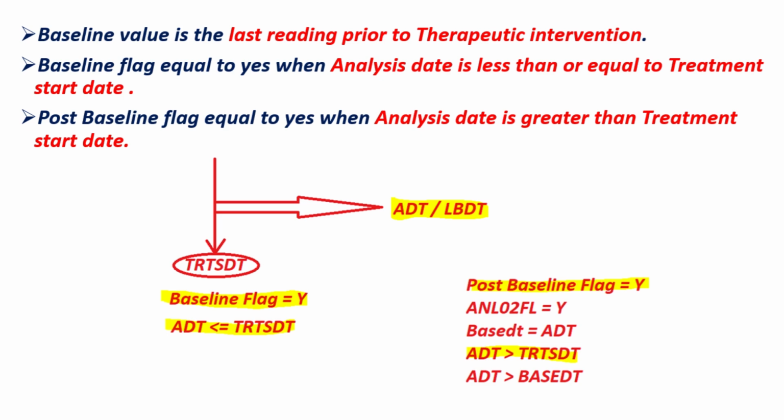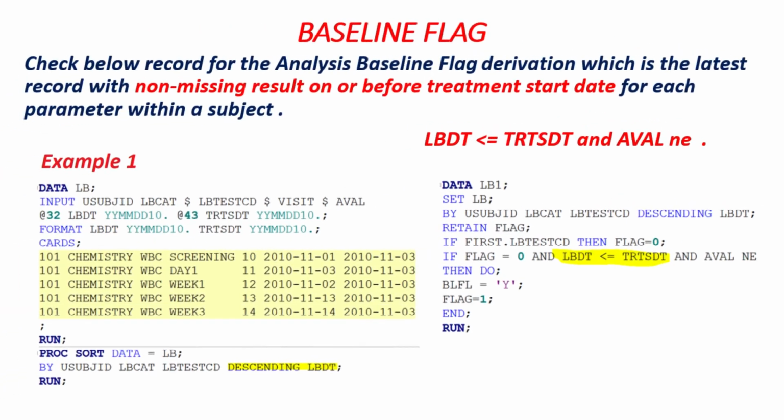Please check the below diagram for the creation of analysis baseline flag condition. Baseline flag is equal to yes when analysis date is less than or equal to treatment start date. Post-baseline flag is equal to yes when analysis date is greater than treatment start date. Check the below record for the analysis baseline flag derivation. Baseline value is the latest record with non-missing result, on or before treatment start date for each parameter within a subject.